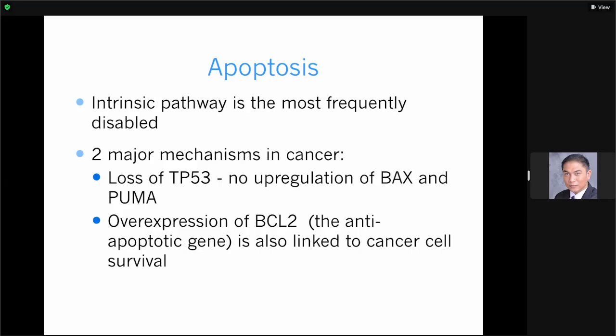Pero sa lahat ng processes na involved, may dalawang major na mechanism involved in cancer development that has something to do with evasion ng apoptosis. First is loss of P53, because if there will be loss of P53, there will be no upregulation of BAX and PUMA, which are pro-apoptotic. And second is overexpression of BCL2, anti-apoptotic gene. So, involved yan sa cancer survival.